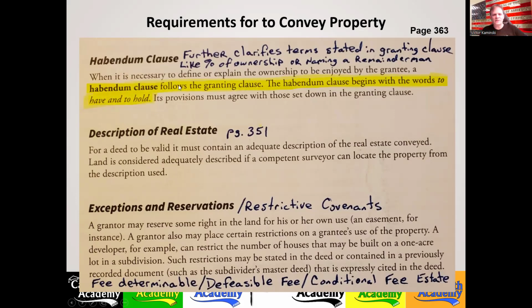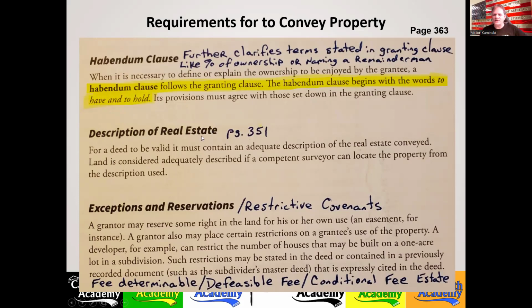They tell you when it's necessary to define or explain the ownership to be enjoyed by the grantee. Okay, but that doesn't really tell you exactly what it does. If this is a little clearer, it further clarifies the terms that were stated in the granting clause, like the percentage of ownership, if it's going to be anything other than a 50-50 equal split, or naming a remainder man.